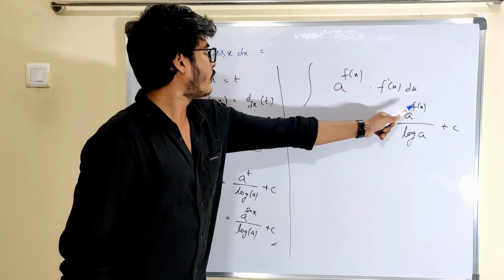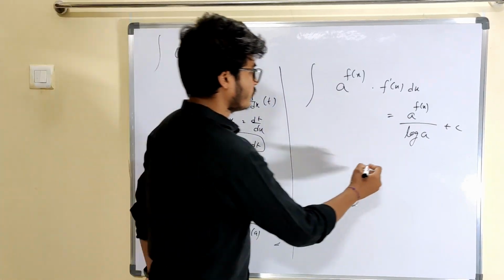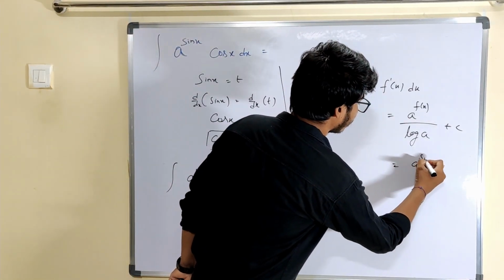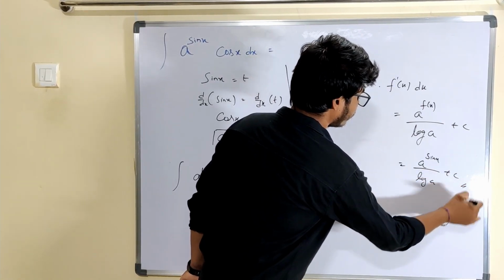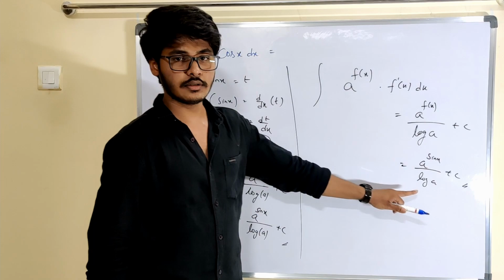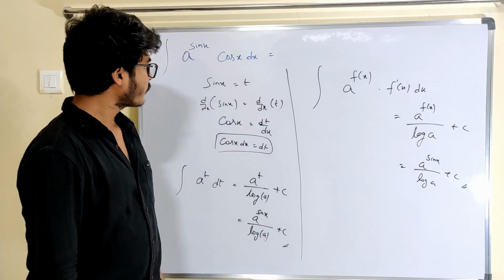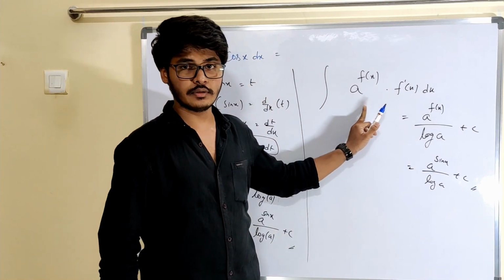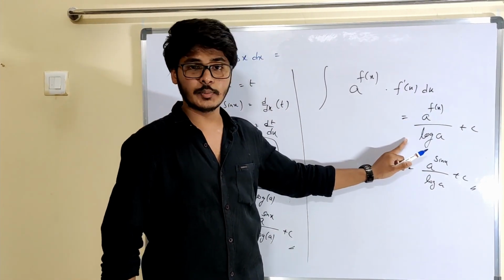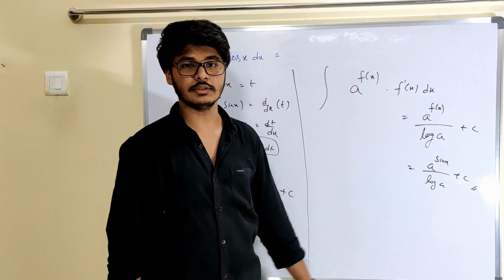Here f of x is sin x. So a power sin x by log a plus c. As you can see that we got this. So the generalized solution for the given question is integral a power f of x into f dash of x dx is a power f of x by log a plus c.